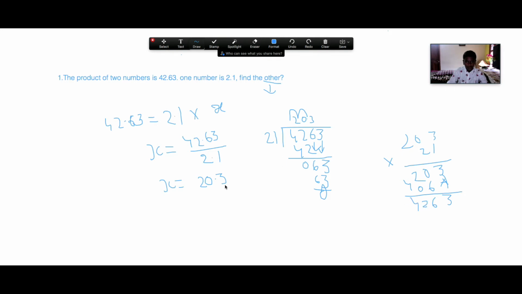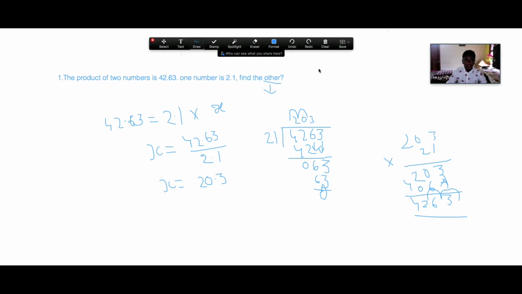So now the decimal point is 1, right? So now 1 plus 1 is 2. So the point will be here. So 42.63. Okay friends, so by doing the double check we got the answer correct. So therefore the answer is 20.3. The other number is 20.3.